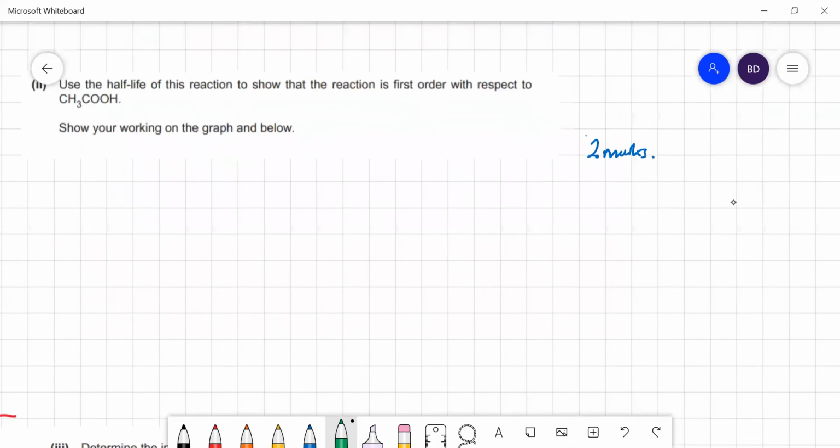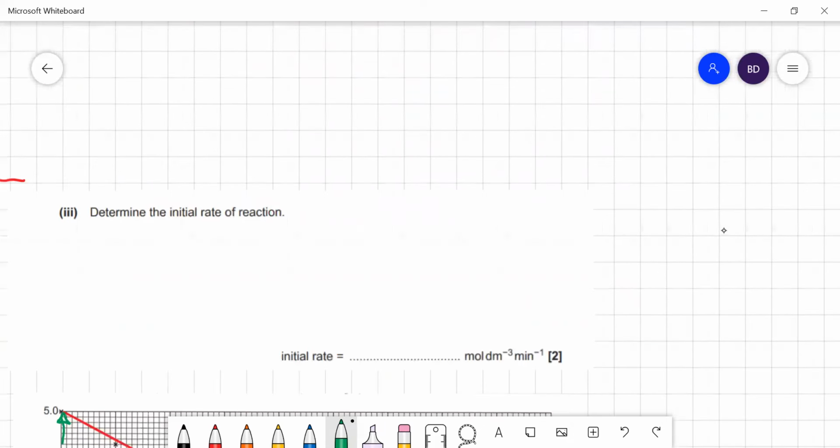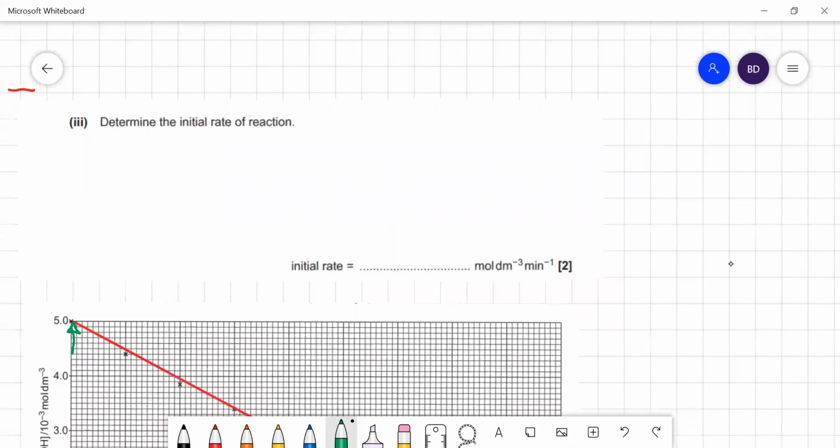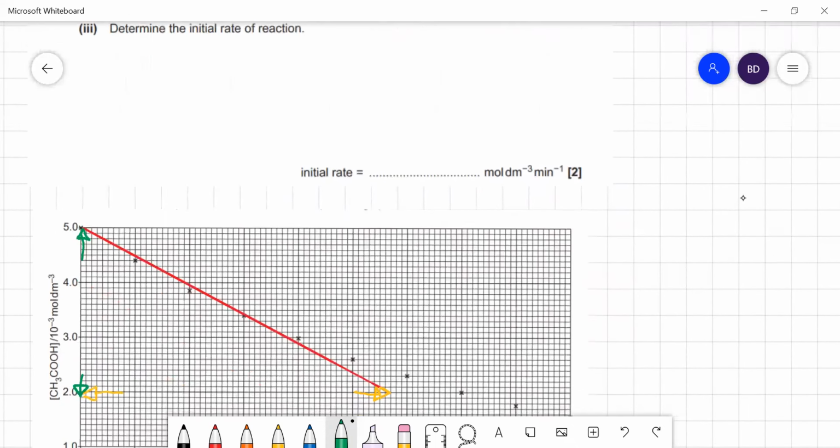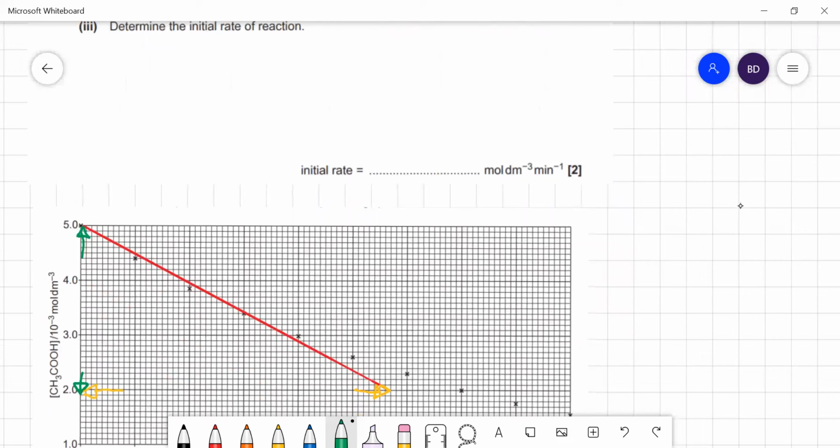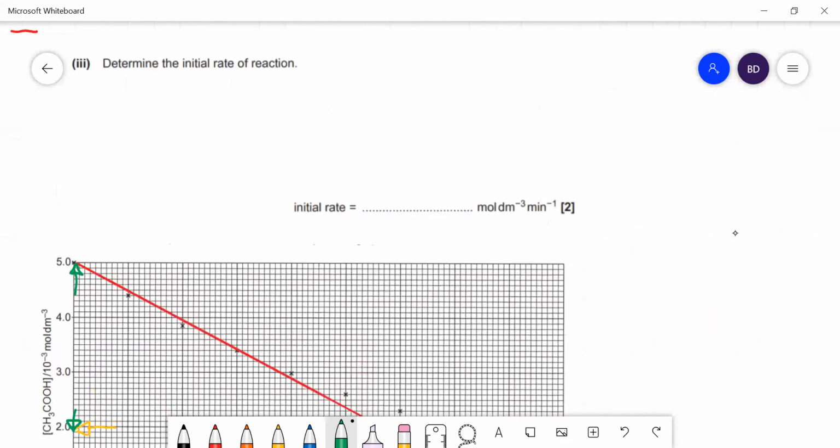Okay, now I think I've done that graph again. Determine the initial rate of reaction. Yeah, I've cut the graph again because, right, how are we going to measure the initial rate of reaction? Well, you measure the gradient. The rate is equal to the negative gradient.